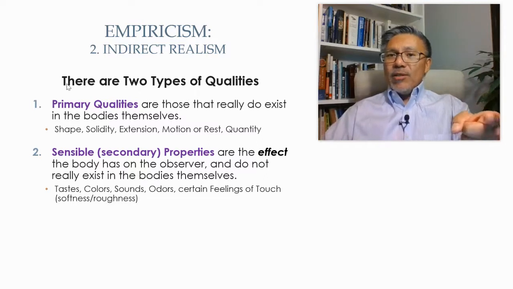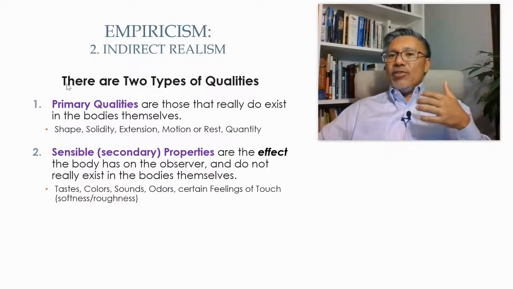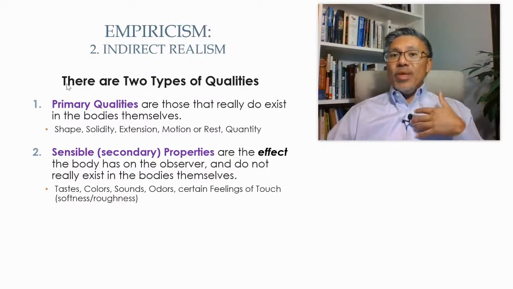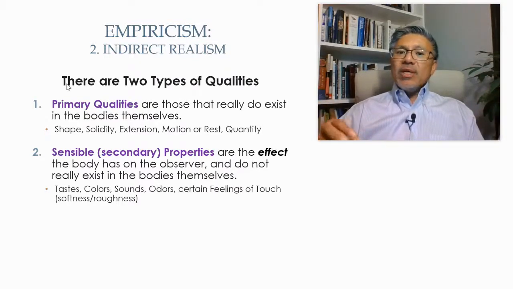That's because there's a property of the car that's causing an effect on each of us differently because we're different people. So all of the problems of perception, says Locke, are because of sensible properties, because of secondary properties.